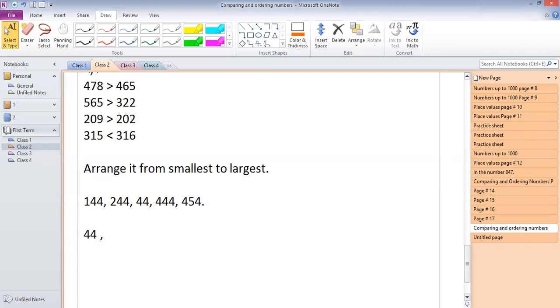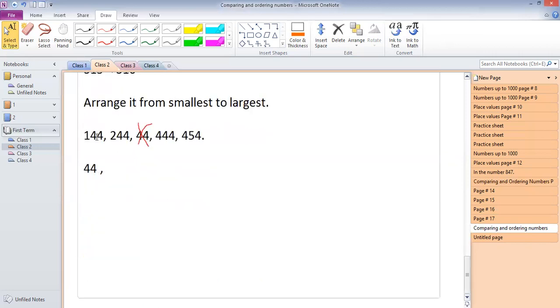Okay. Now you will compare again. You write 44, so I cut it out to show that I have finished it. Now 144 and 244: 1, 2, 4, and 4. So 1 is smaller than 2, and 1 is smaller than 4. So I will write the value starting from 100, 144.